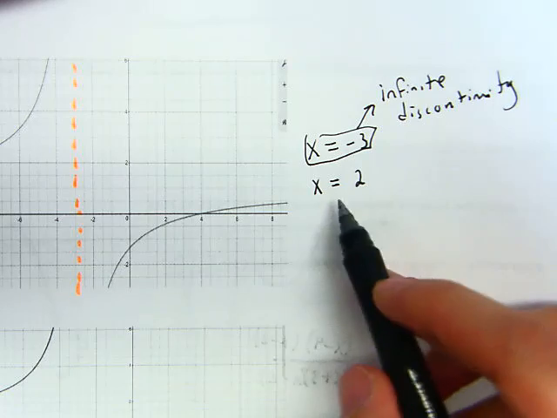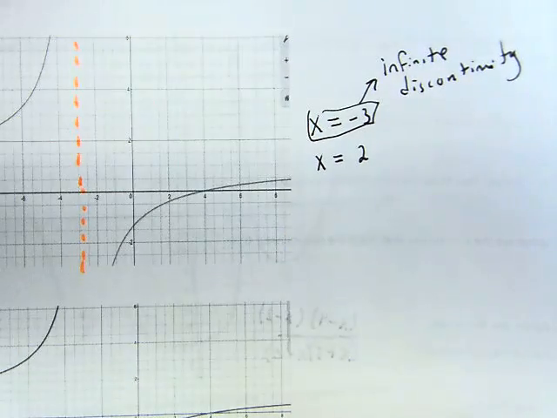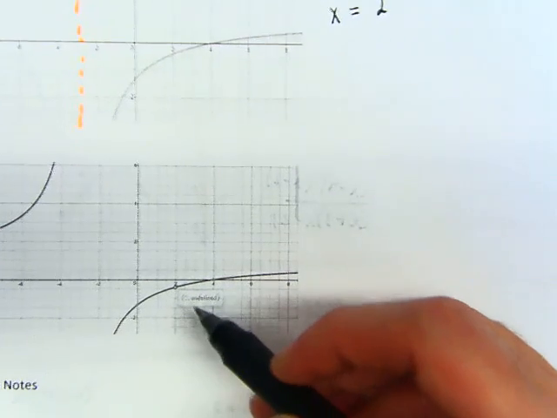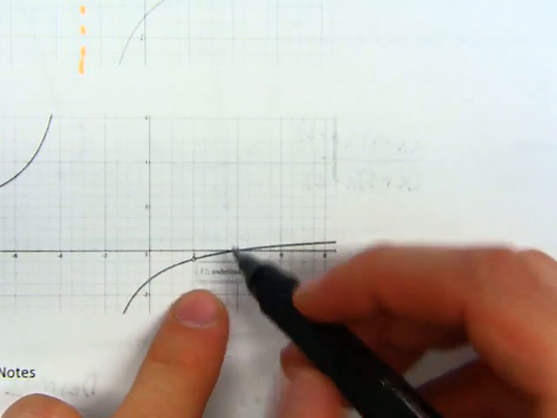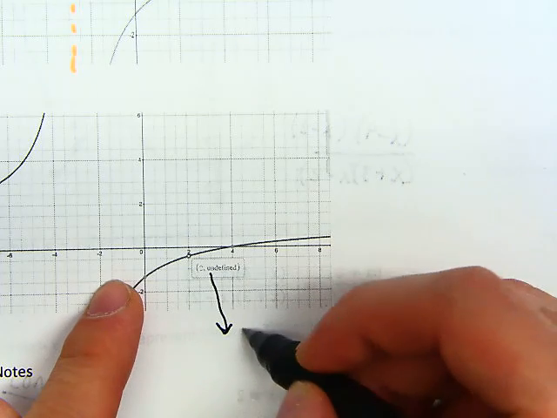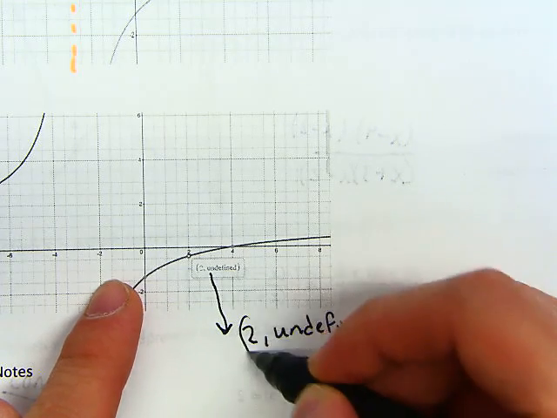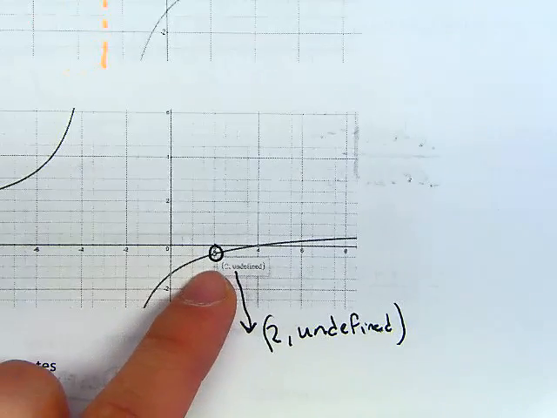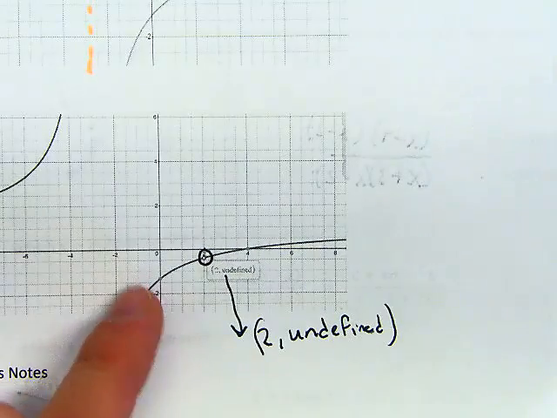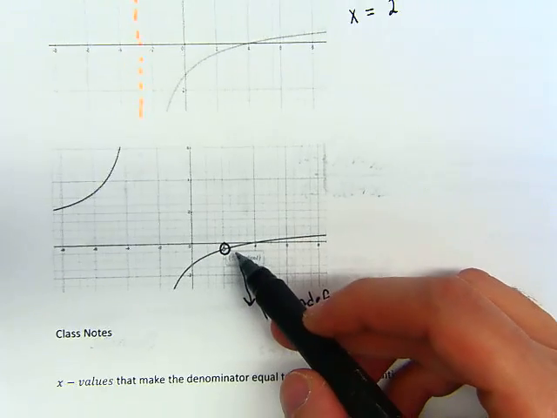Here, at x equals 2, notice that for us to understand x equals 2, you have to go on your mouse, and if you left click at x equals 2, you're going to see that it says 2 undefined. So here, it's not on the visual of Desmos, but there should be an open circle here. And if there's an open circle like this, what type of discontinuity occurs at this x equals 2?